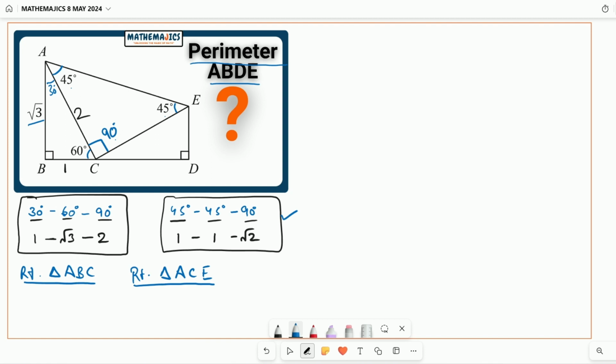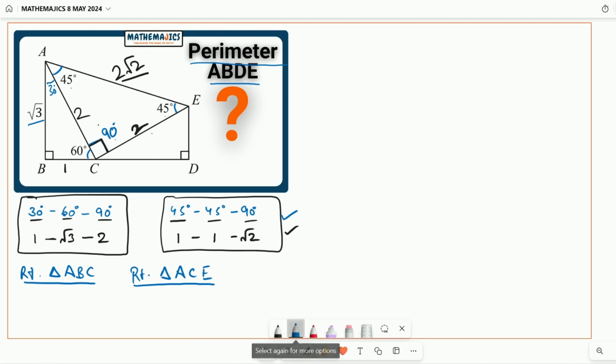Once we have this ratio, the sides opposite to 45 and 45 will be the same. That means if this is 2, this side CE will also be 2. And according to the ratio, the side opposite to the 90-degree angle will be 2 times root 2. As I told you, these are not the actual lengths, these are the ratios. So that's why 2, 2, and 2 root 2.